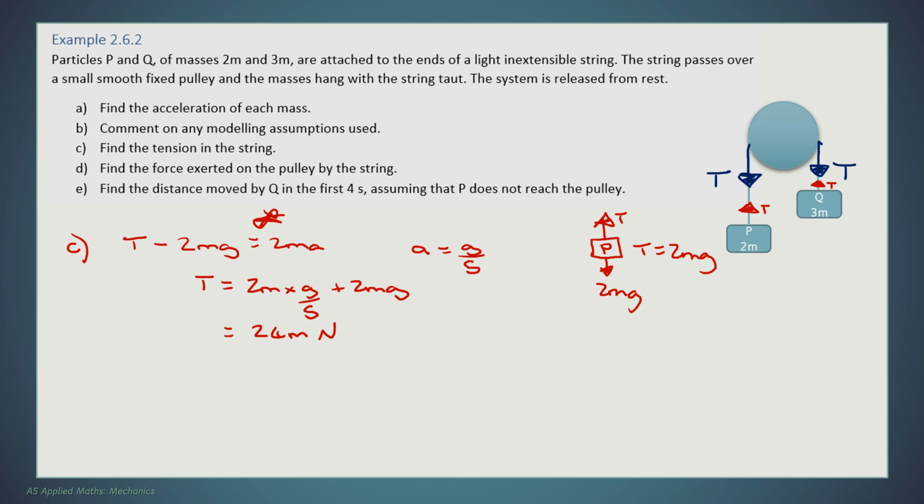But if we look at the pulley as a system in its own right, the forces that we're considering are the two tensions. So when I'm looking at the force on the pulley, it's just equal to 2T. Now do be careful here.